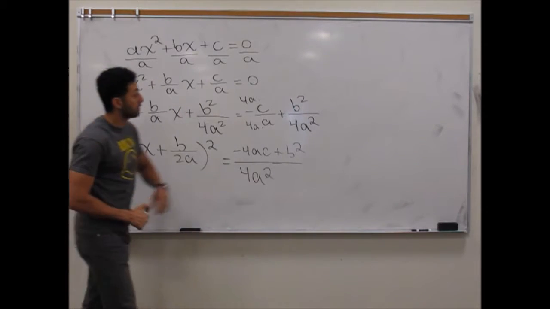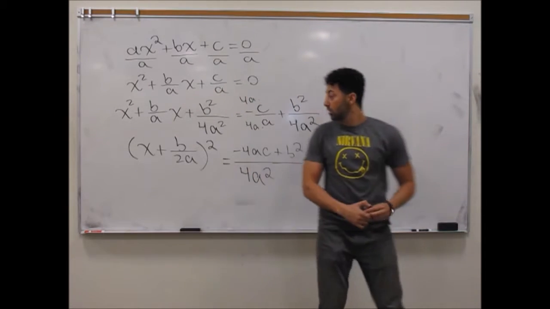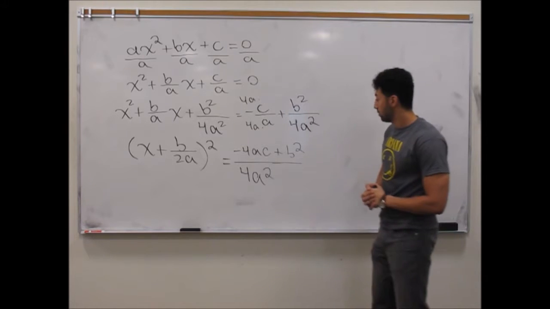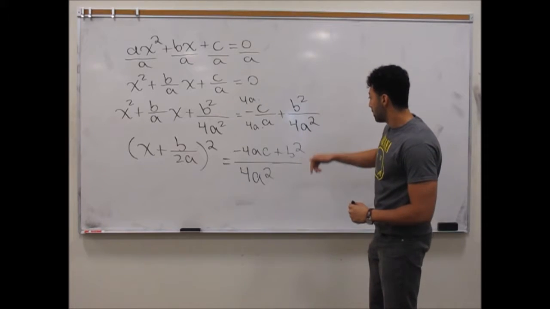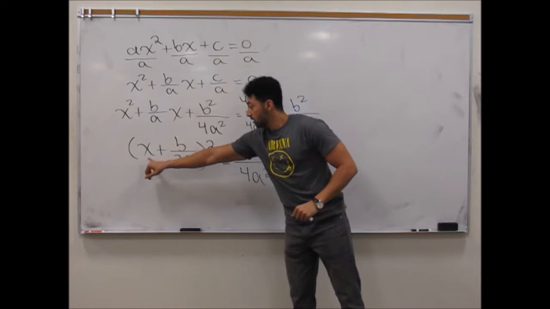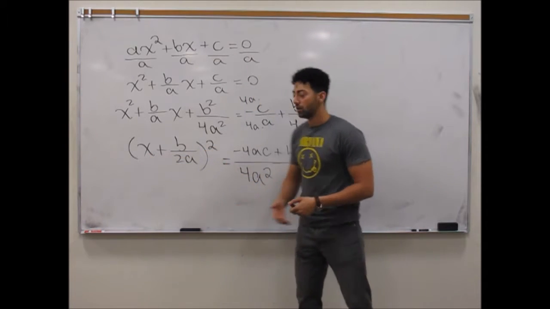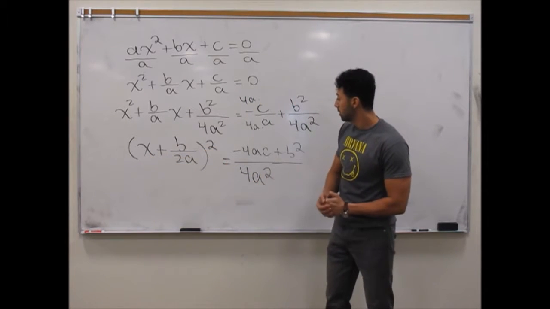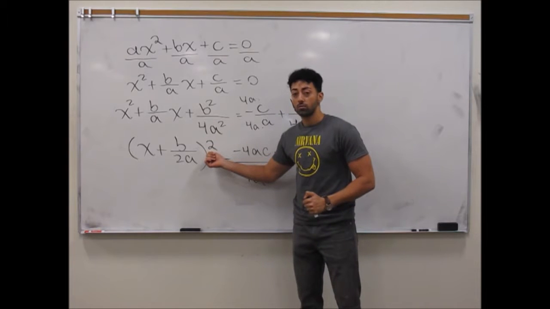I think I'm going to have to move on to this side now because this derivation is kind of long. Now we're trying to solve for this variable x, because everything else is a constant here, right? a, b, and c are constants. So I'm going to take the square root of both sides.